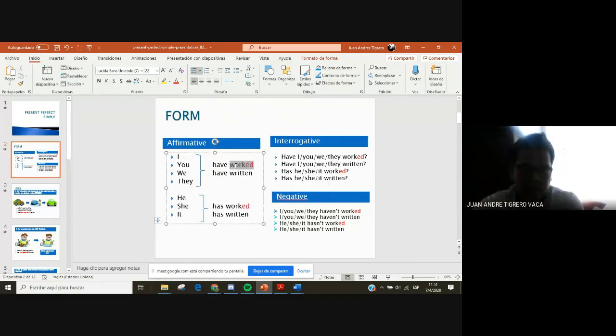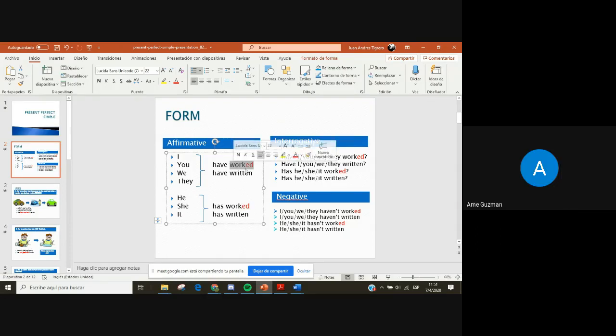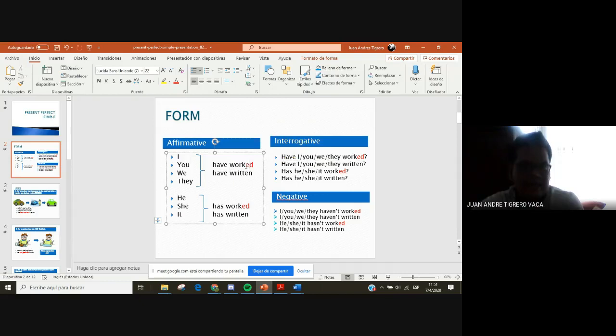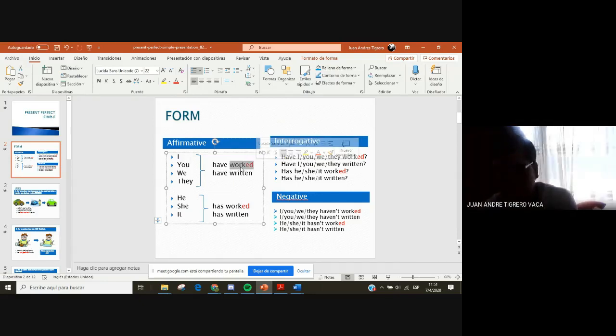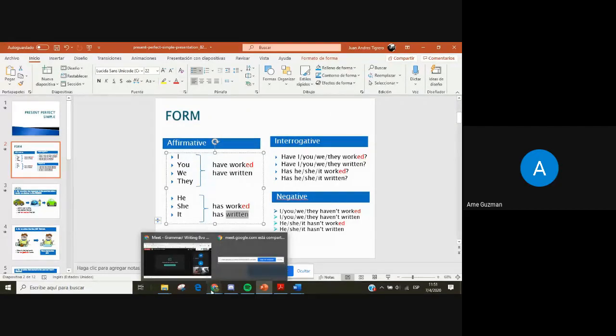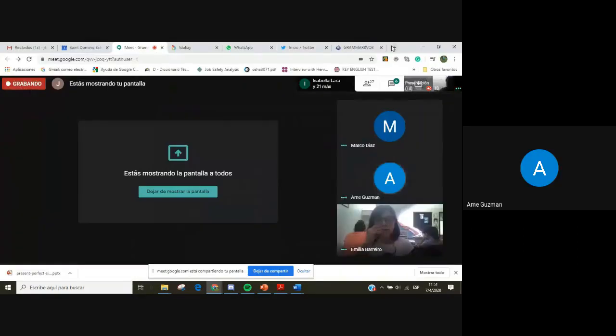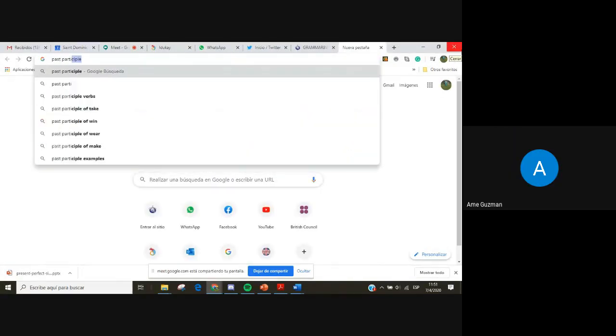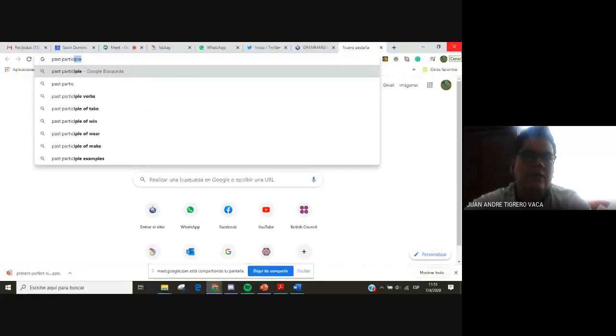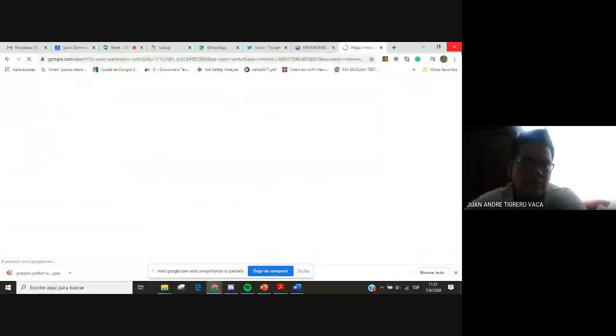Okay. Remember that there are some verbs that are regular verbs that you just add the "ed," like over here, like work. The past is worked, right? But these are very tricky. So if you don't know the answer to one of those verbs, you can go to Google and check past participle, and there are tons and tons of answers.